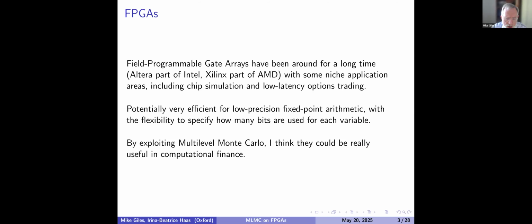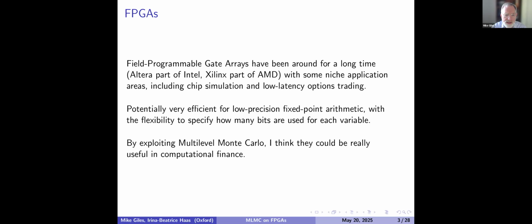They've actually been around many years, at least 30, 40 years, but they've not really broken through, I would say, into the mainstream of scientific computing, except for one or two niche applications. But the key thing about them is they're very energy efficient, and in particular, you can customize how many bits you use to represent the numbers that you're working with in your calculation, and particularly efficient if you can use fixed point arithmetic rather than floating point arithmetic.